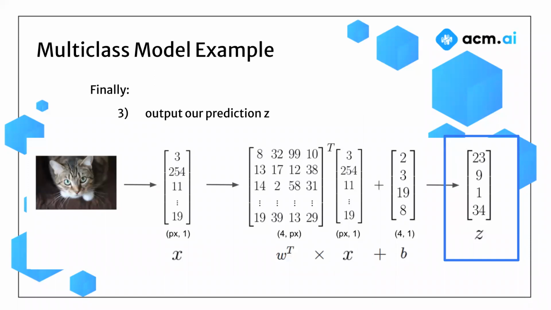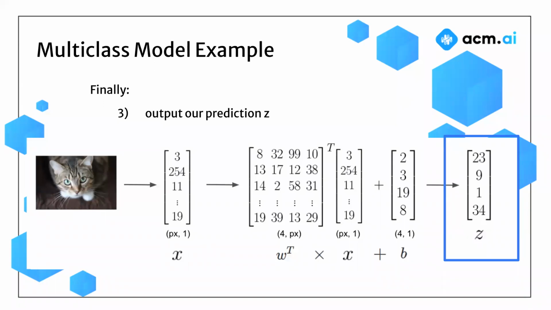So far, Nikhil showed you that if we have an input image squished into a vector of pixels by one, because each element is a pixel, and then we multiply it by this weights matrix in our multi-class model, we end up with an output that is the number of classes by one.